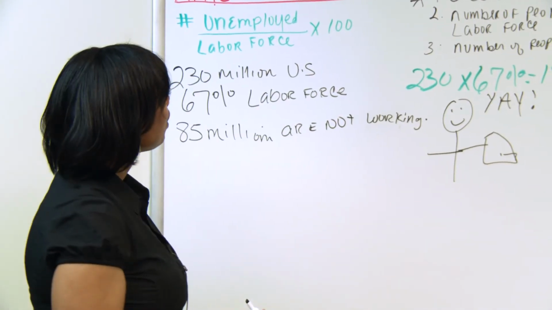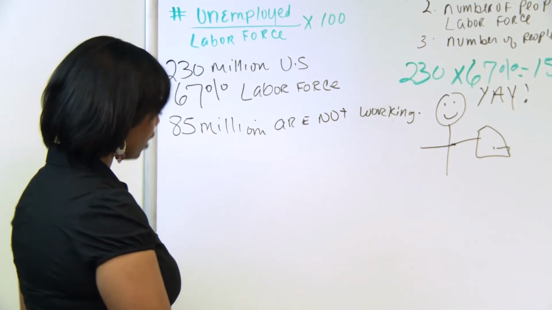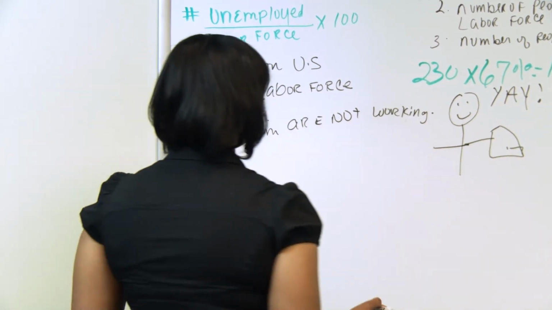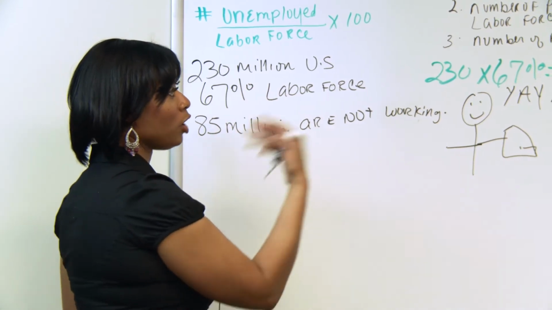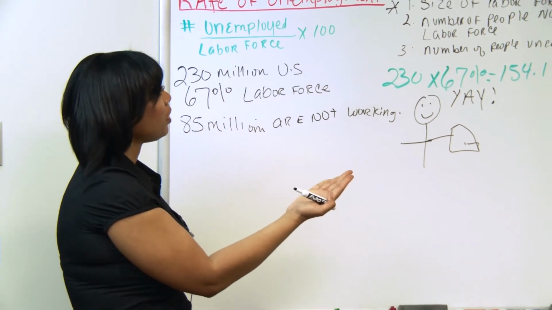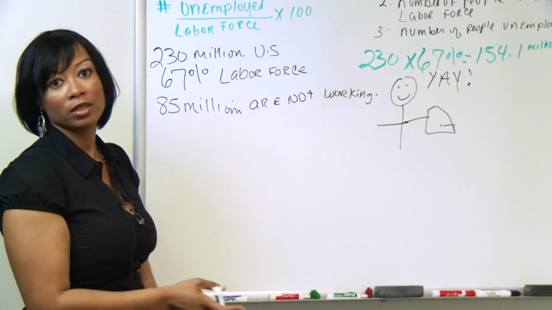154.1 million people. So now we're going to solve for the number of people that are not in the labor force. And in order to do so, if we have 230 million people in the U.S. and 154.1 million people as the size of our labor force, in order to figure out people not in the labor force, we just subtract.